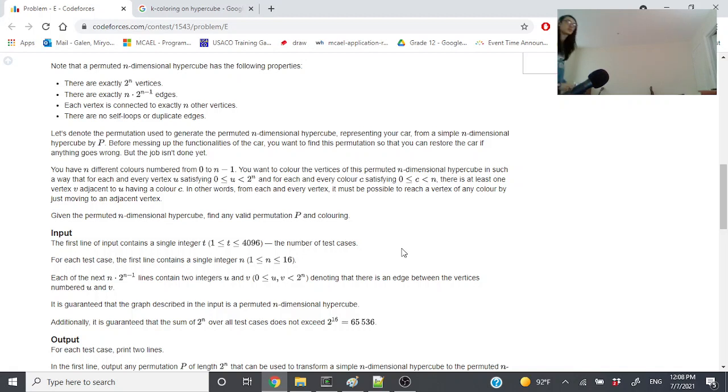We look at 1 and 1. We have to find the neighbor of 0 and the neighbor of 1 such that they're adjacent to each other. This is not that bad.